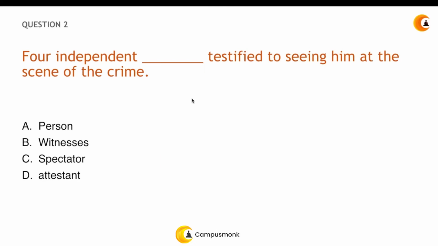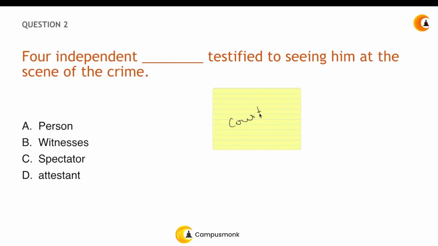Okay. So the answer is in option number B. Okay, that is witnesses. Four independent witnesses testified to seeing him at the scene of crime. Right? It's not always important that you have some tricks to solve the question. It's always important to know what the question is asking. So always try to correlate. If there is a scene of crime, the person is being testified, he's giving a statement, then it is nowhere but a court.